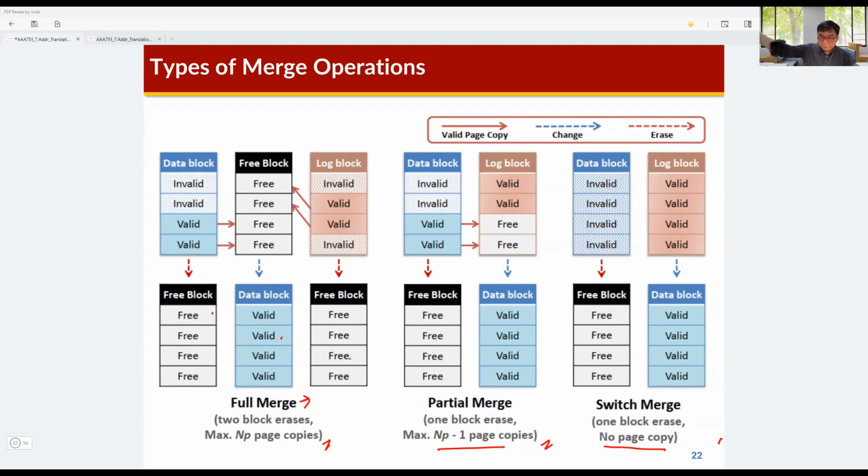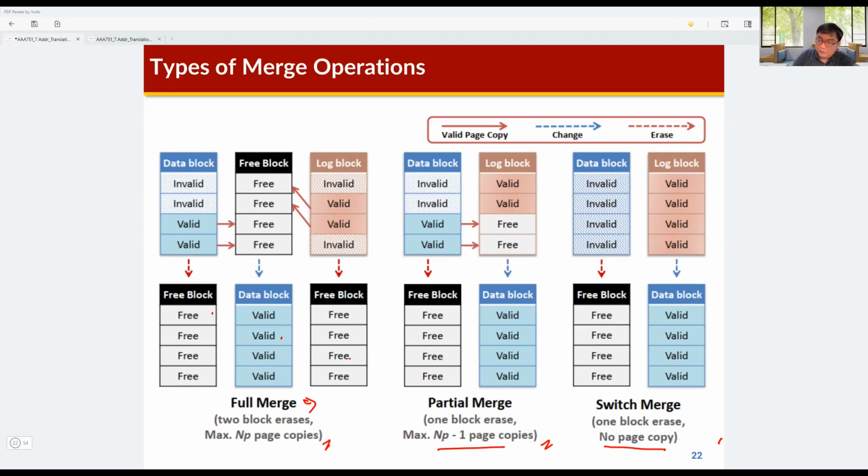Okay? We need to find some appropriate pages inside of multiple blocks, and then we can regenerate the data block, and this newly generated data block can be updated to the block mapping table. So actually the overhead of the merge operation of FAST is similar to the full merge.